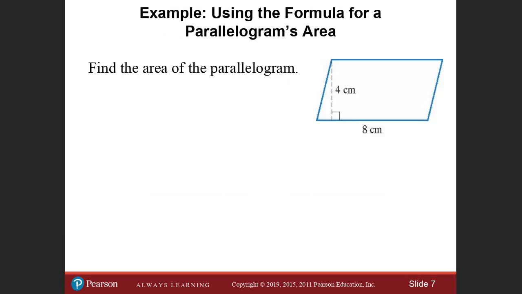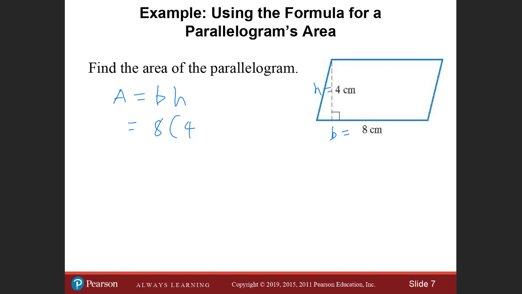Let's take the next example. It says find the area of the parallelogram. Area is equal to base times height. Your base here is equal to 8 centimeters and your height is equal to 4 centimeters. Let's just plug that in and follow the formula.